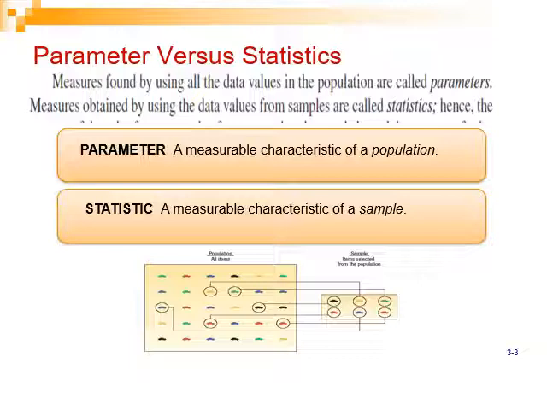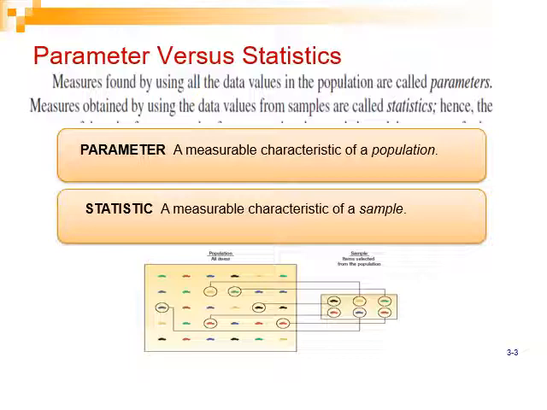This means that a measure found from all the data values in the population, where I count the whole population and no one is excluded, all the data values are included.